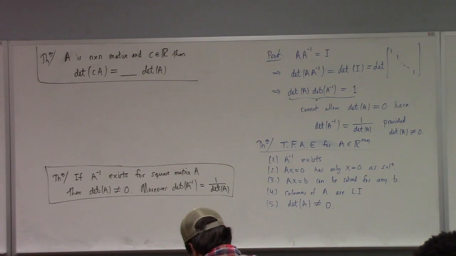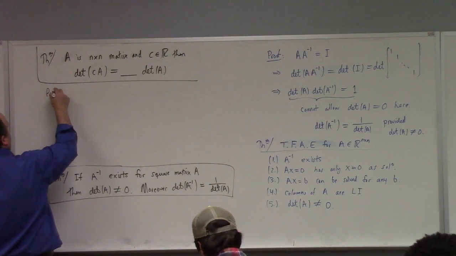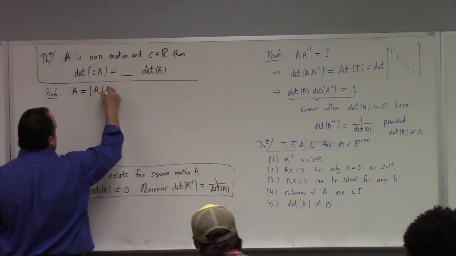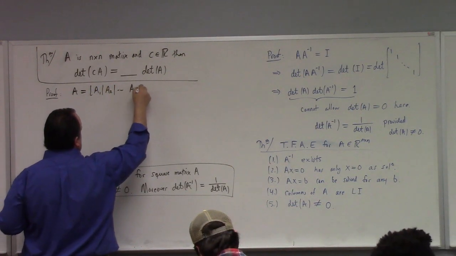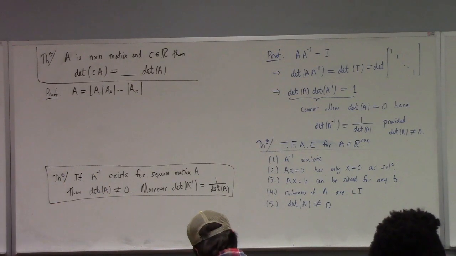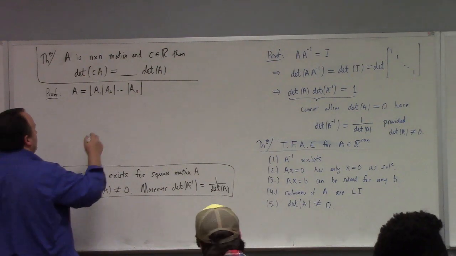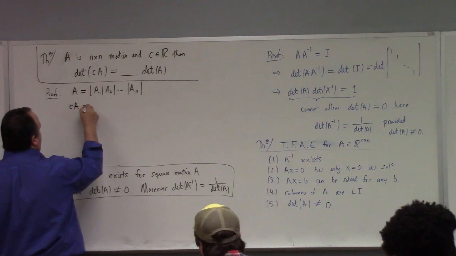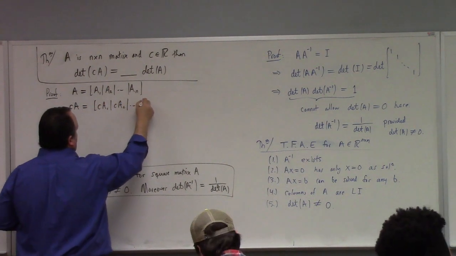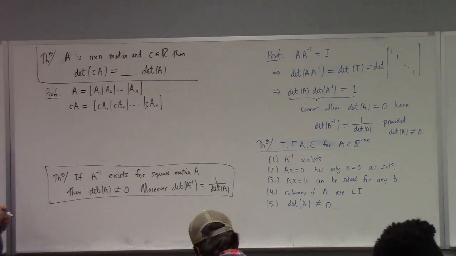Let's work it out. So what is C times A? Let's say A is equal to A1, A2, AN, which is just a quick notation for columns. That's not a reserved notation for columns for me. It's just helpful for proofs to reduce the amount of writing. Then CA is what? CA1, and so on. Agree? That's how we scalar multiply a matrix.